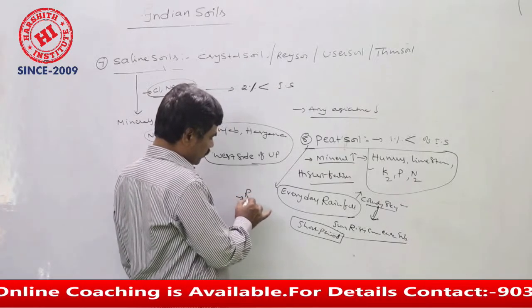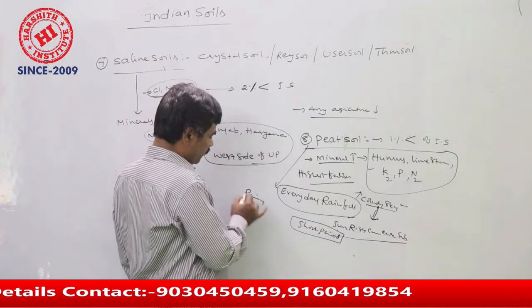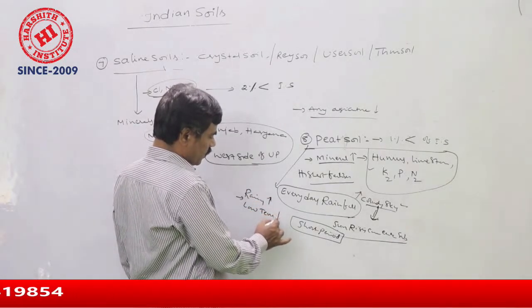Everyday rainfall is recorded, high rainfall is recorded, and low temperature is recorded. Rainfall is high and the temperature is very low.